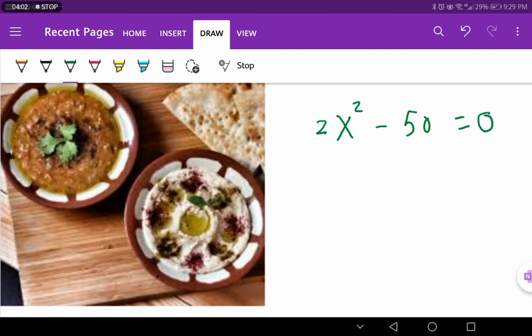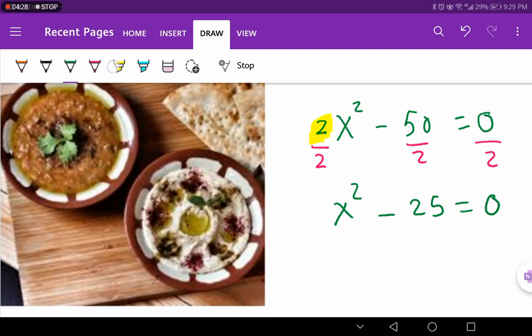But see, the 2 here is not a perfect square. So directly, don't think for a moment, and divide by 2. The x squared comes down, minus 25 equals 0. Okay, my dear student? Okay.